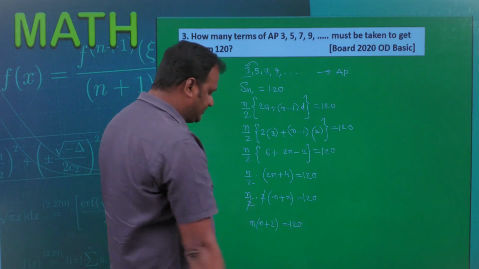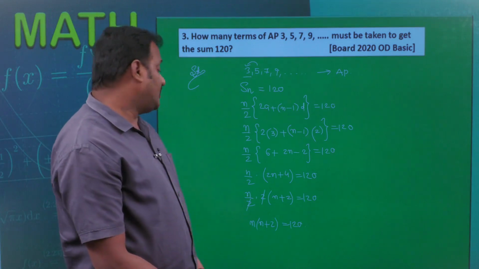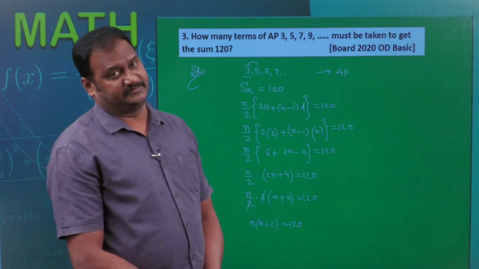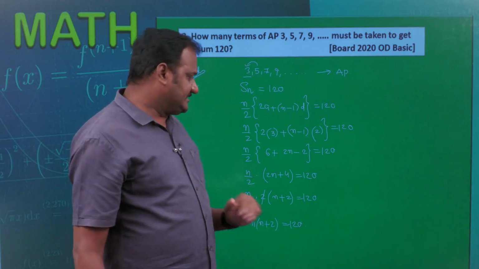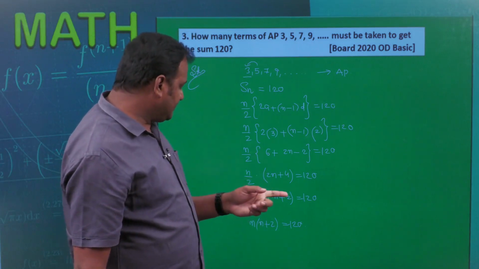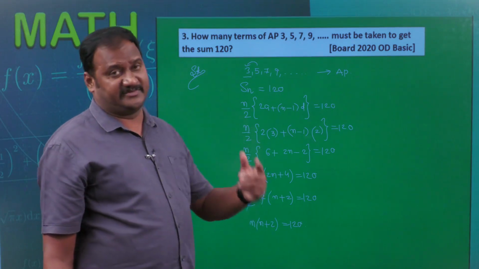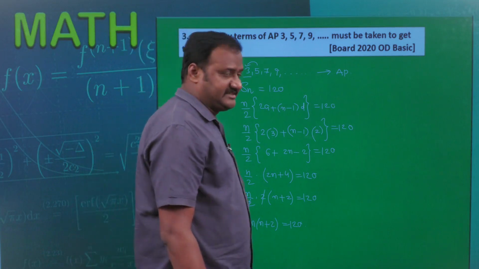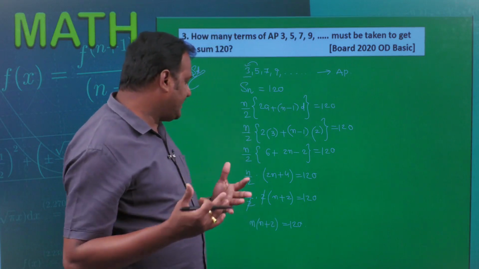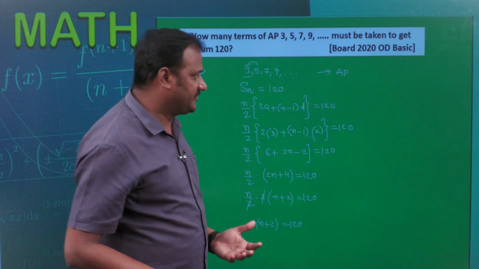n into (n plus 2) means what? The product of 2 numbers where one number is 2 more than the other number. Right? Because this is n, this is n plus 2. So what are the factors of 120? Let us see. I am trying to get its value orally without finding the roots of the quadratic equation.